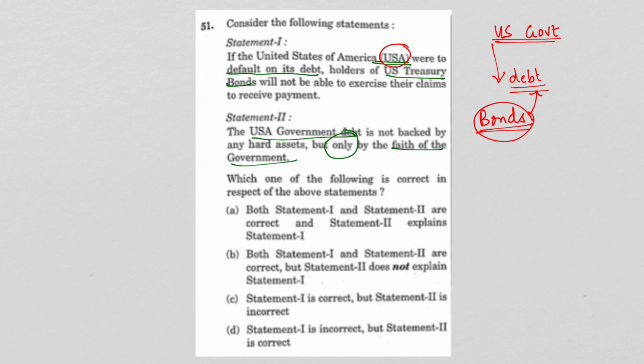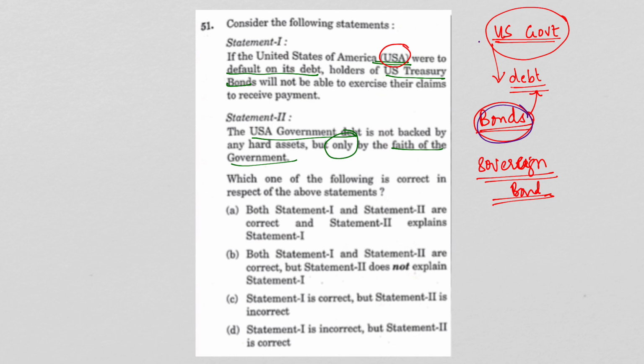And when it is a government issued bond, we call it a sovereign bond. Now the statement says that if the USA, that is the government, makes a default, that is not paying back the debt, then the bond holders will not be able to exercise their claims to receive payment.